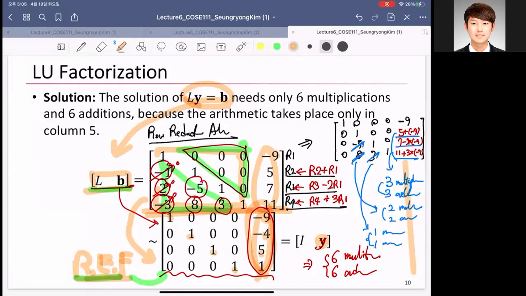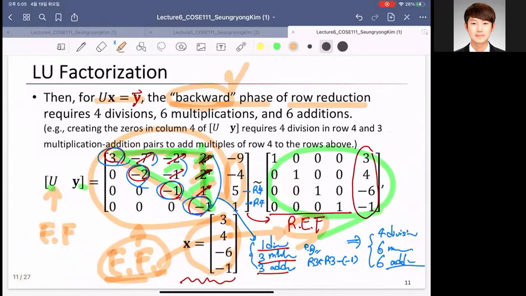Right? Similarly, we then have to find the solution for Ux = y, which is exactly similar to the backward phase of the row reduction algorithm. As you can see here, it requires 4 divisions, 6 multiplications and 6 additions.